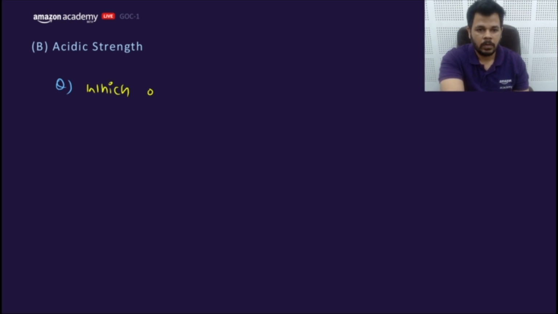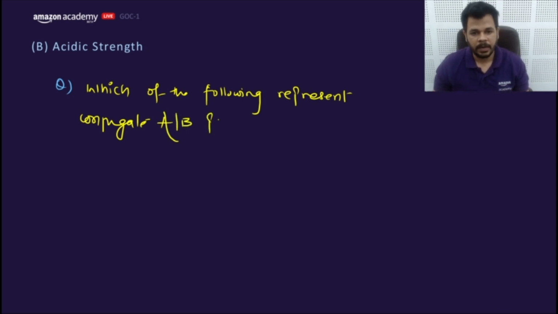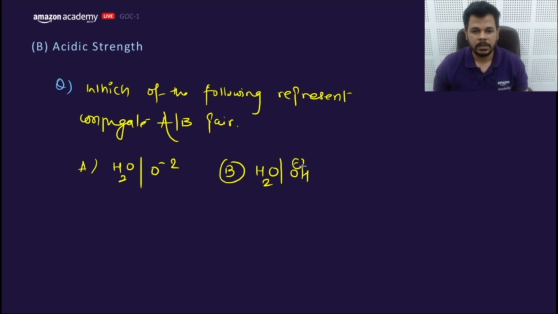Which of the following represents a conjugate acid base pair? A. H2O, O minus 2. B. H2O, OH minus.